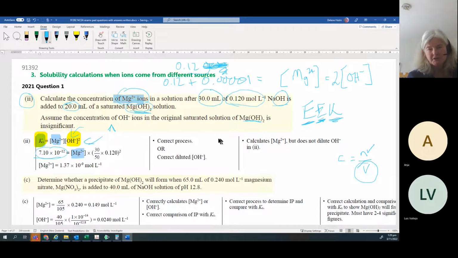So we've nearly doubled the volume, so we've just about halved the concentration, because we've diluted it. So that is where this figure comes from: 30 mL from the sodium hydroxide divided by the total of 50 mL, which is the new volume. And we square that whole thing, and that gives you an answer.